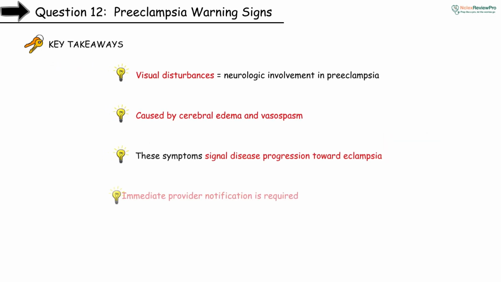So the key takeaway here is this. Visual disturbances in preeclampsia indicate neurologic involvement caused by cerebral edema and vasospasm, and these symptoms are not benign but represent progression towards severe disease with increased risk of seizures, which is why they require immediate recognition and prompt action. Now let's move on to the next question.